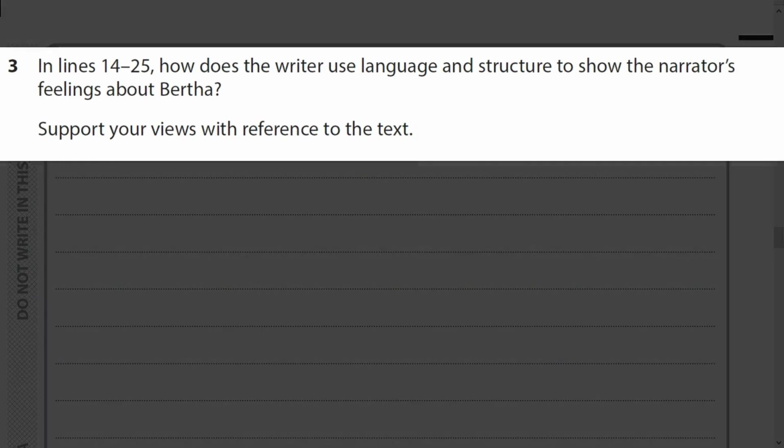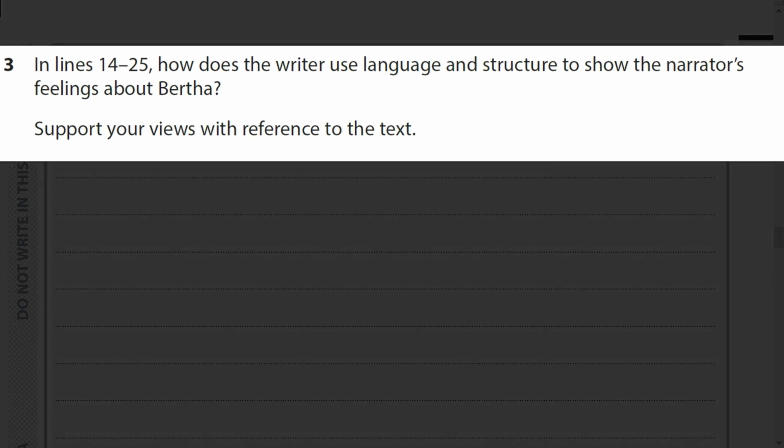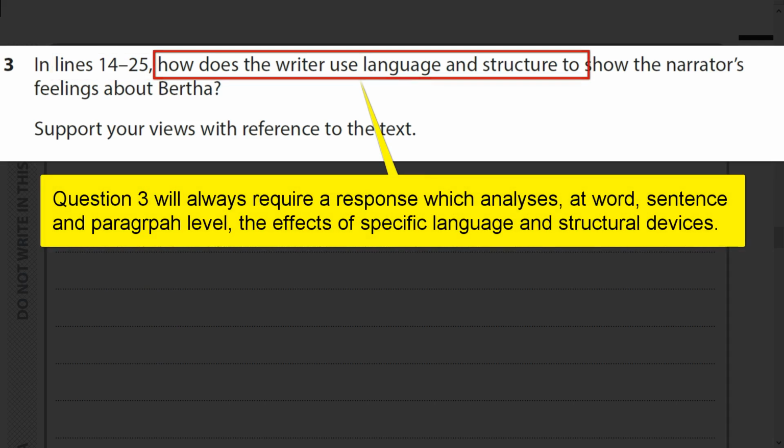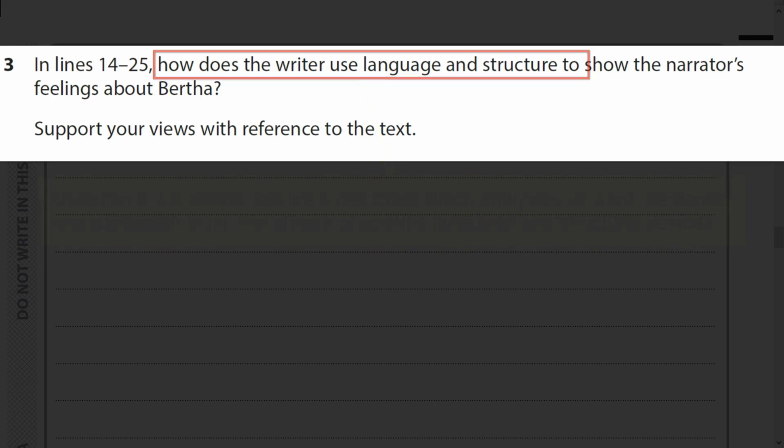Now question 3, the wording of question 3 will always be basically the same. It is always going to ask you to look at a relatively narrow section of text, and it is always going to ask you about how the writer is using language and structure to show a particular idea or to develop a particular theme.